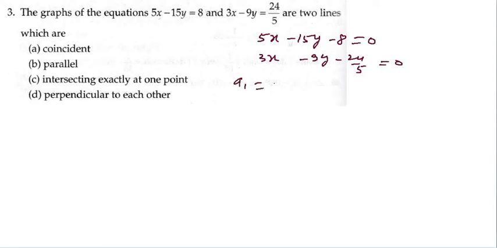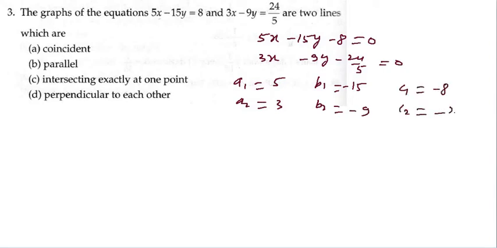So a1 is equal to 5, a2 is equal to 3, b1 is equal to minus 15, b2 equal to minus 9, c1 equal to minus 8, c2 is equal to minus 24 upon 5.